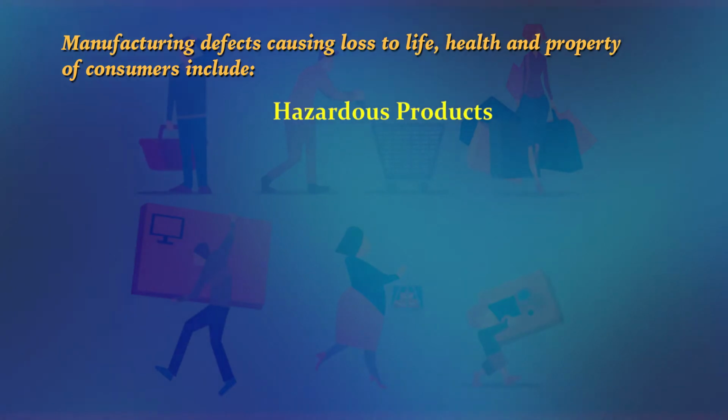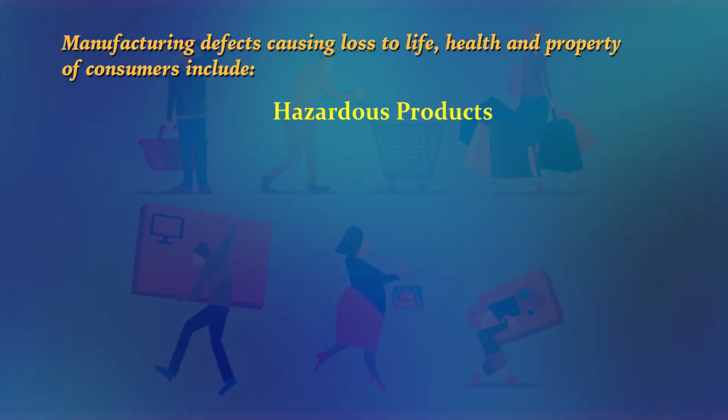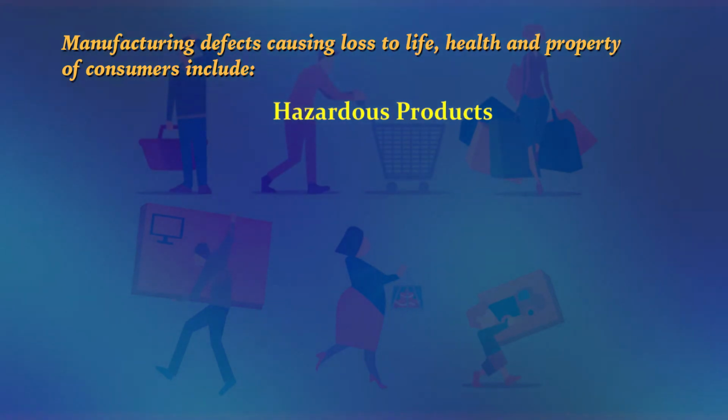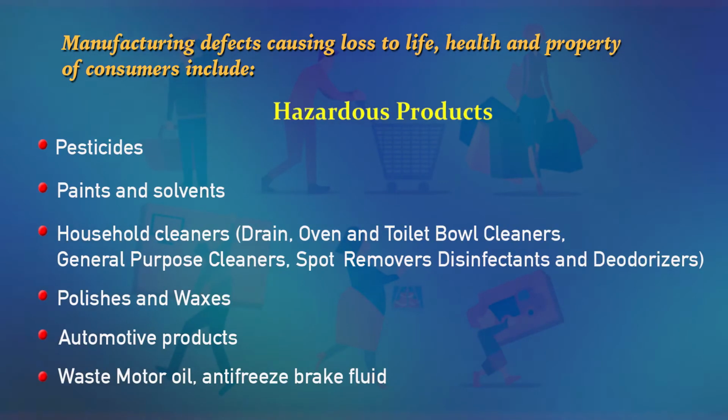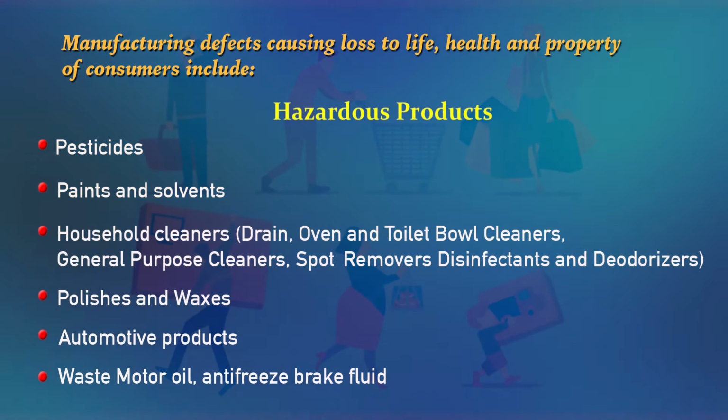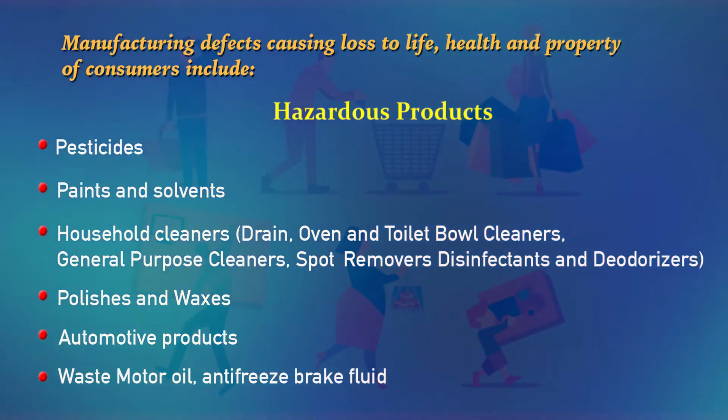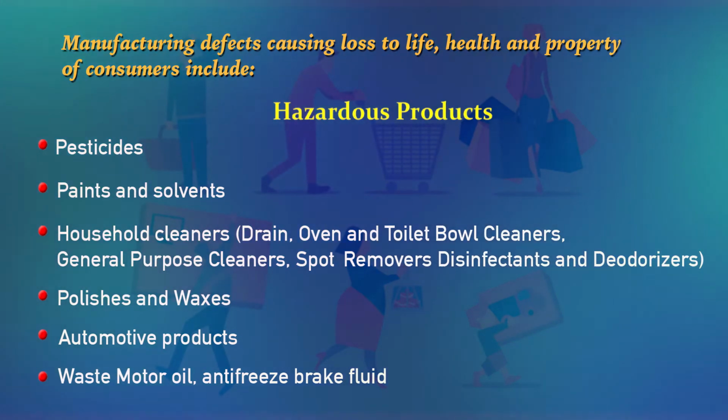Then hazardous products. There are certain hazardous products we even use for our own domestic purpose, including pesticides, which are necessary for agricultural production. But at the same time, excessive usage of pesticides is likely to cause damage to the products, and ultimately it is going to cause serious medical and health problems to the persons who consume it.